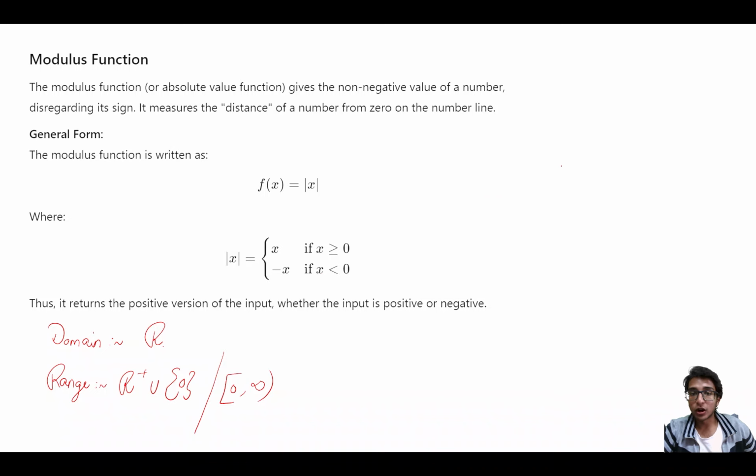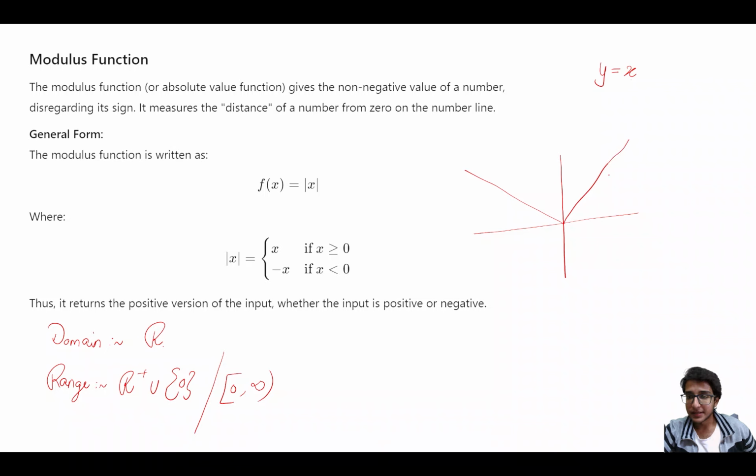And if we were to talk about the graph of a modulus function, how does the graph of a modulus function look like? It is simply in this format. Because I hope you all know how we write down the graph of y equals x. It is just a straight line passing through the origin, right? So for mod x, what happens is the part which is below the x axis gets mirror imaged in the x axis.